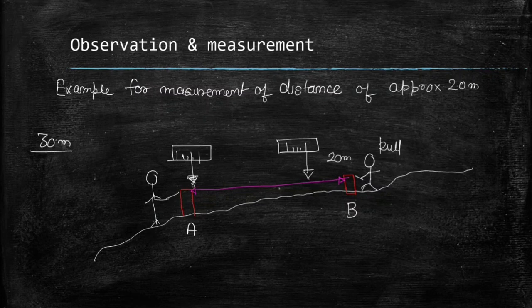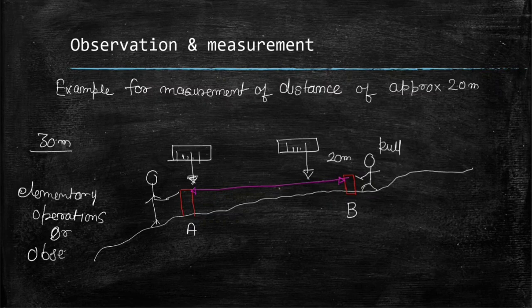So they are observing. There are many elementary operations, which you can also call observations. They observe that the tape is aligned properly, that it is centered properly over the point, and finally that a proper reading is observed.